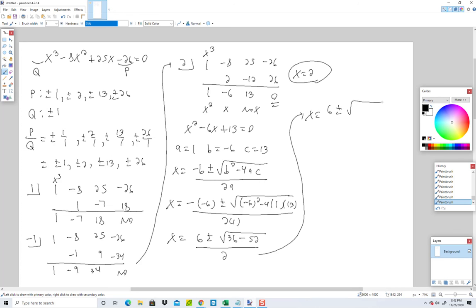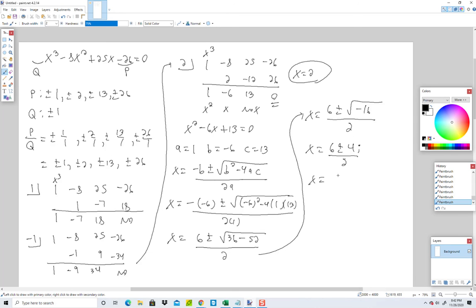And 36 minus 52 is negative 16. Over 2. Now, in the square root, we got 16, and 4 times 4 gives you 16, and the negative comes out as an i. So that would give us 4i over 2.